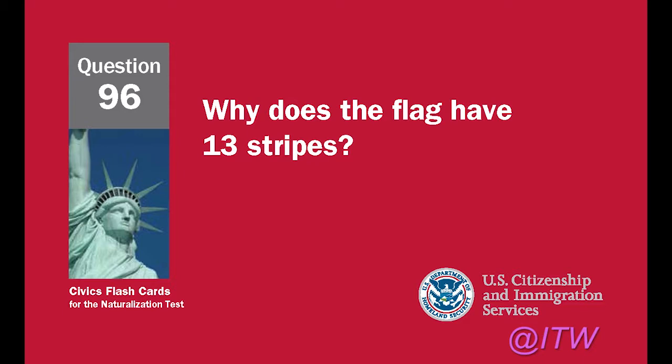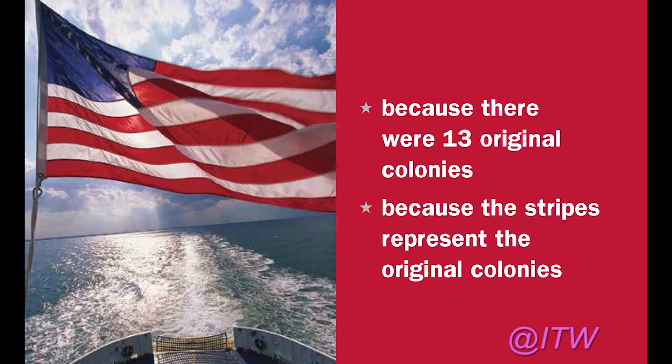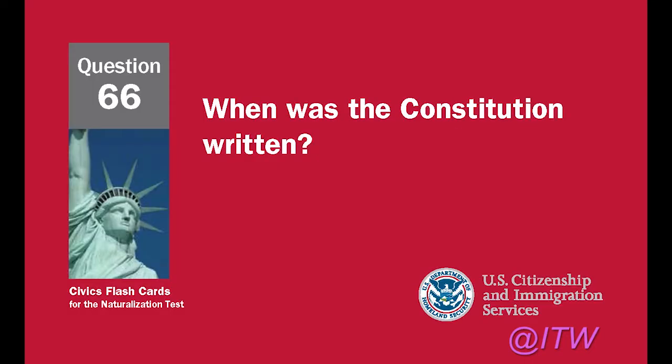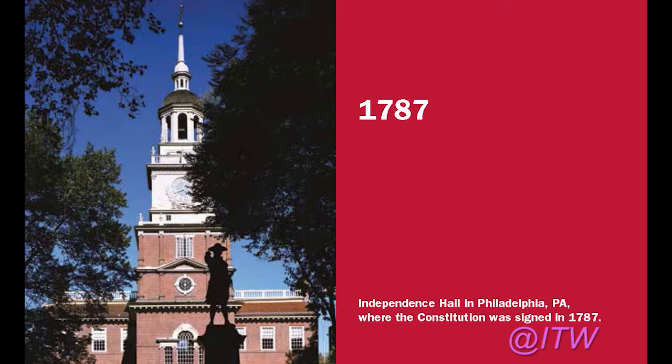Why does the flag have 13 stripes? Because there were 13 original colonies. Because the stripes represent the original colonies. When was the Constitution written? 1787.